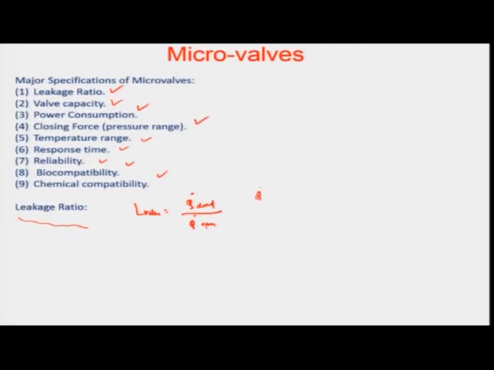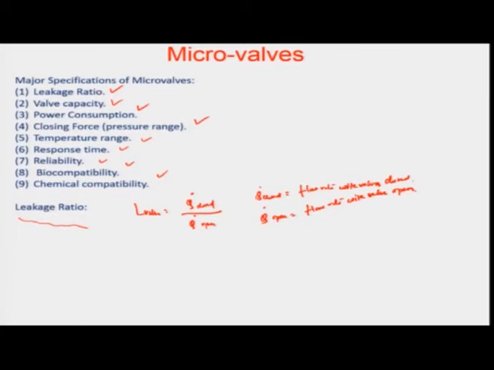So I will just write this all down, that Q dot closed is the flow rate with valve closed, and Q dot open is the flow rate with valve open. That is how you define the flows.